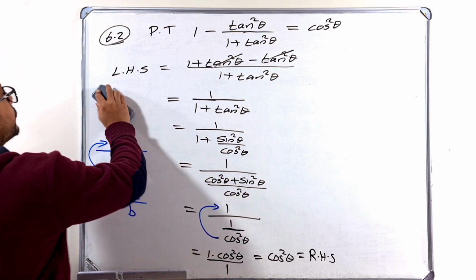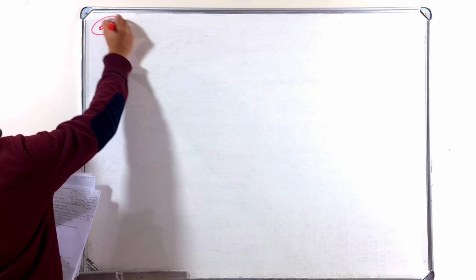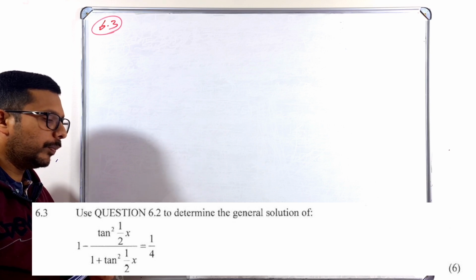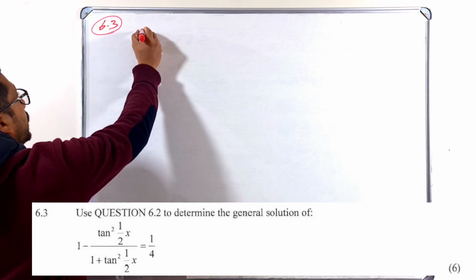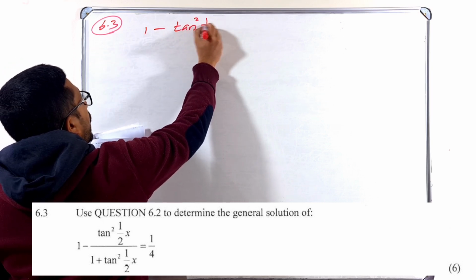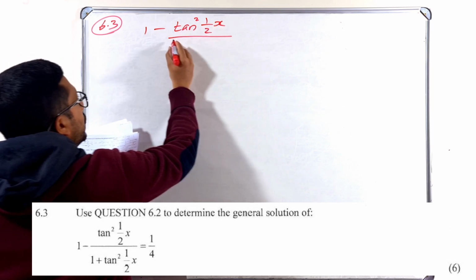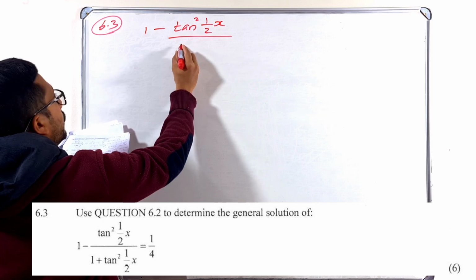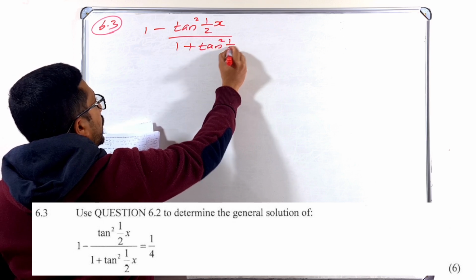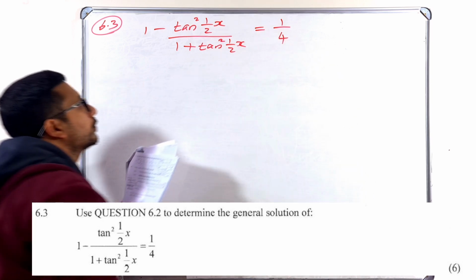Question number 6.3. What is question number 6.3? Use question number 6.2, the previous one, to determine the general solution of (1 minus tan squared half x) divided by (1 plus tan squared half x) is equal to 1 over 4.